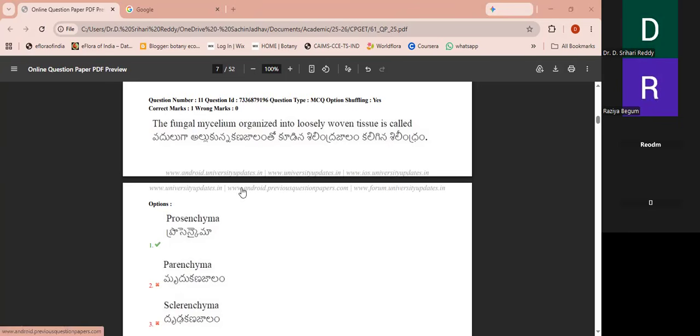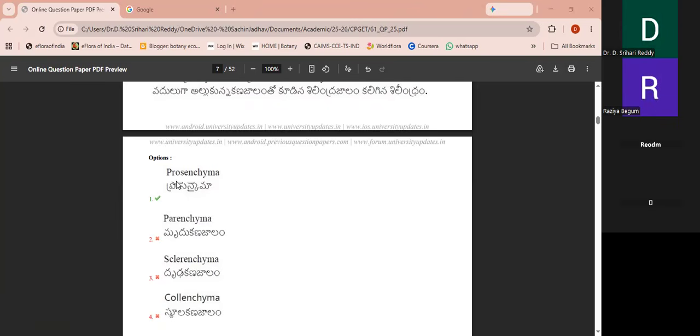This mycelium is loosely woven, and sometimes it may form a tissue-like structure, appearing as tissue made of loosely woven filament-like threads. It is called rhizomorph, or rather plectenchyma, with prosenchyma as the right answer.